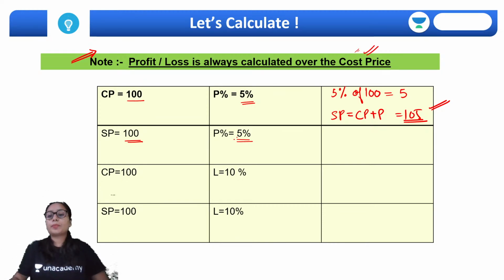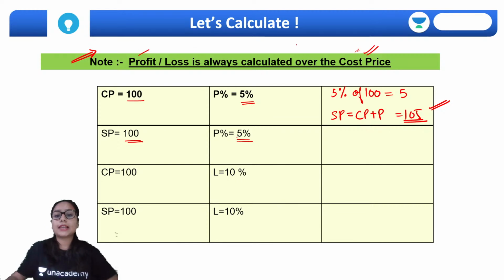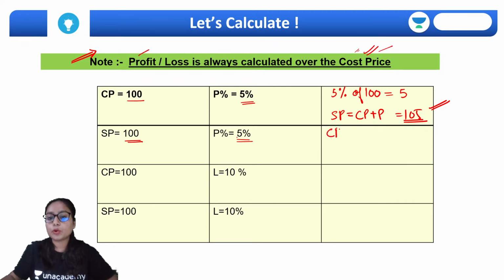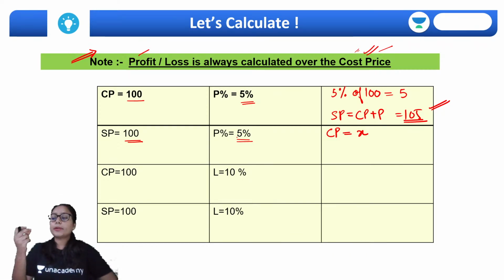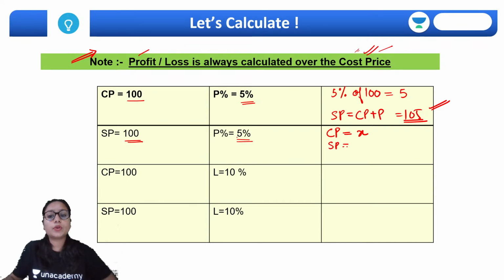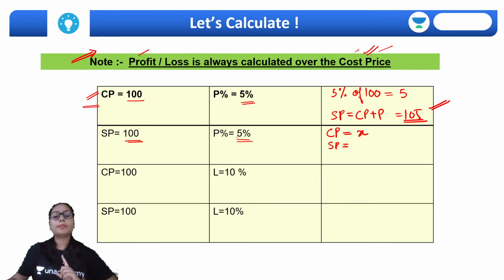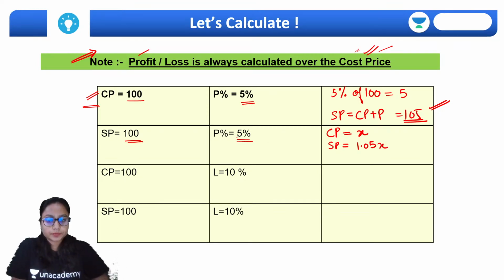Let's see. We know that profit is calculated over cost price, and cost price is not given here. So I am going to take cost price as x. Now profit percent is 5%, which means that, from the logic of the first point we discussed, the selling price will be equal to 1.05x.